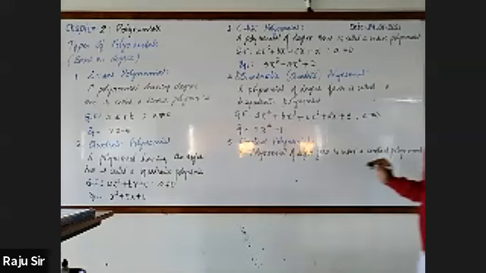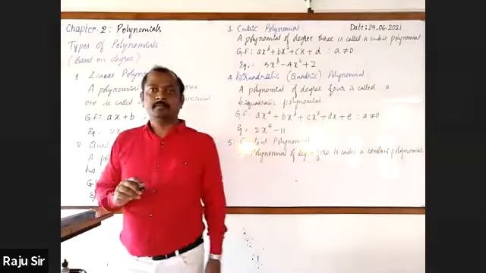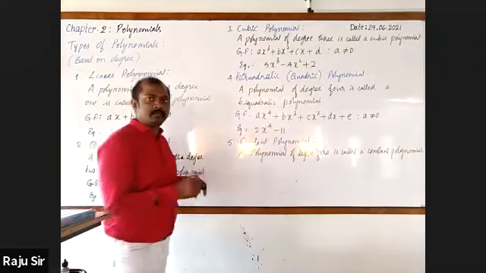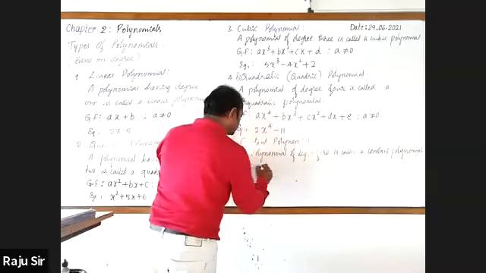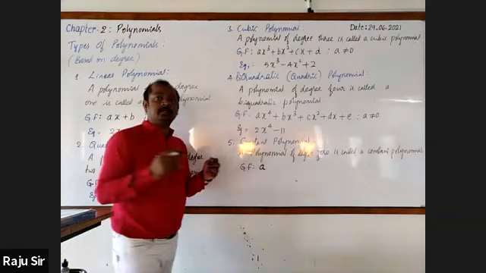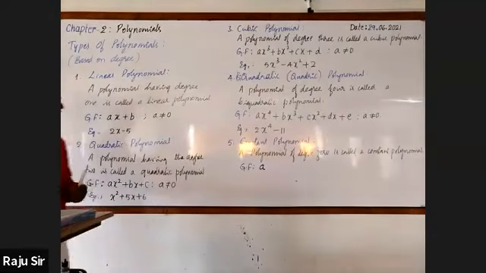A polynomial of degree 0 is called a constant polynomial, and its general form can be written as any constant. I take the constant as a. Even you may take k, m, n, whatever it is.